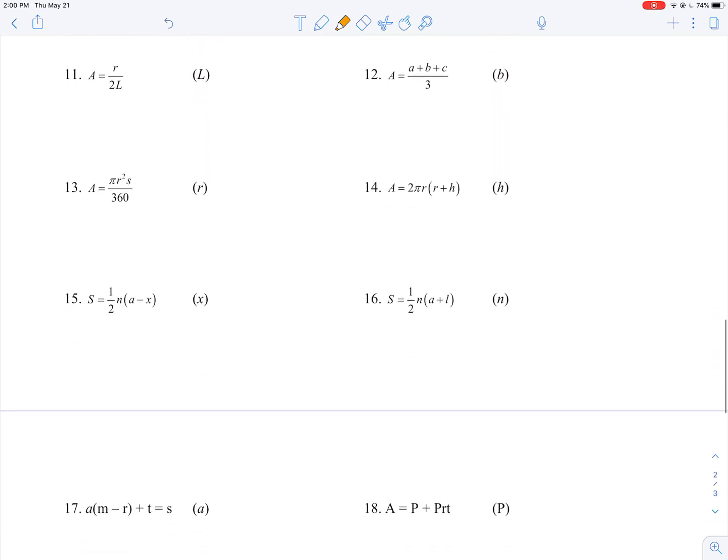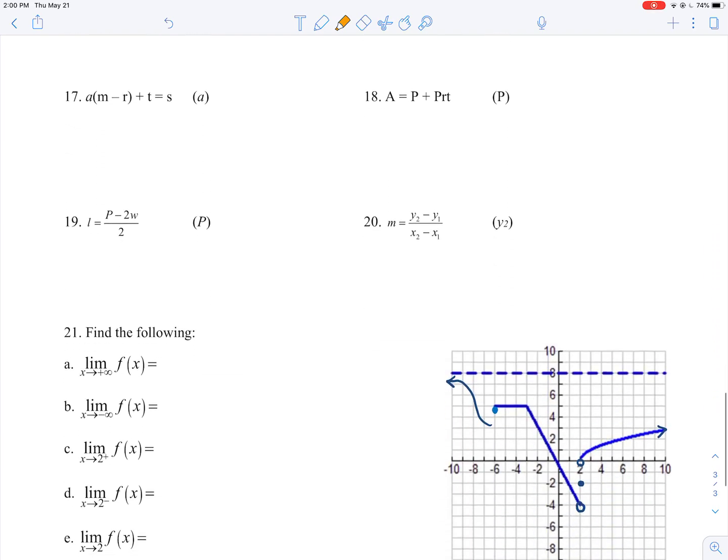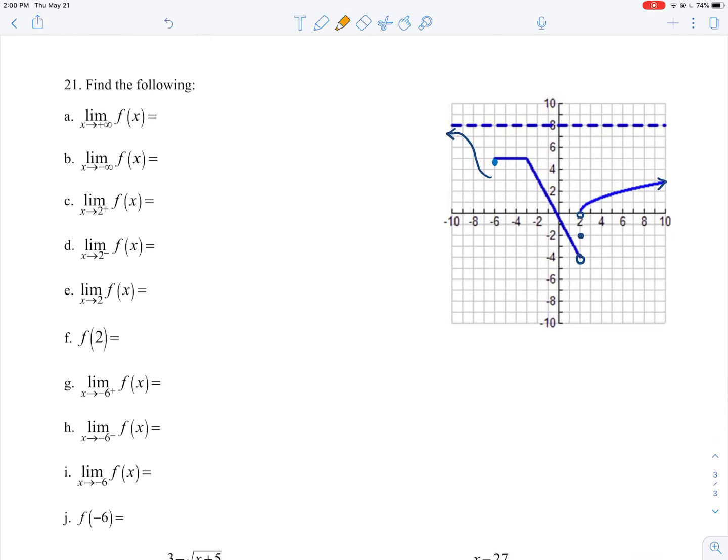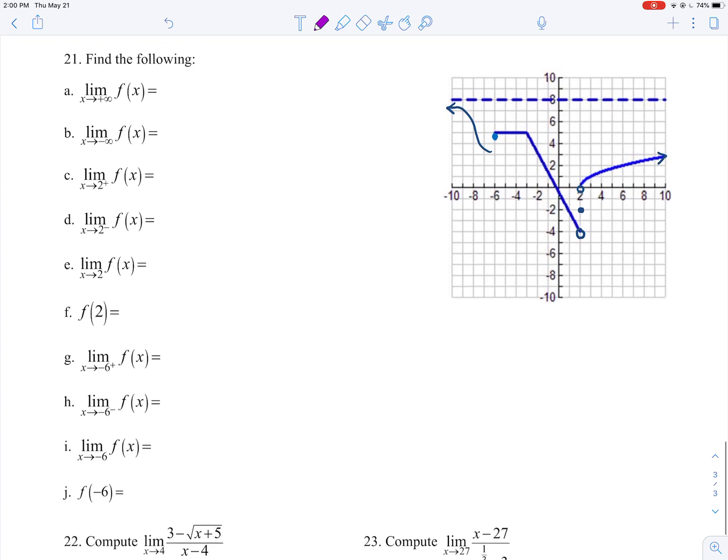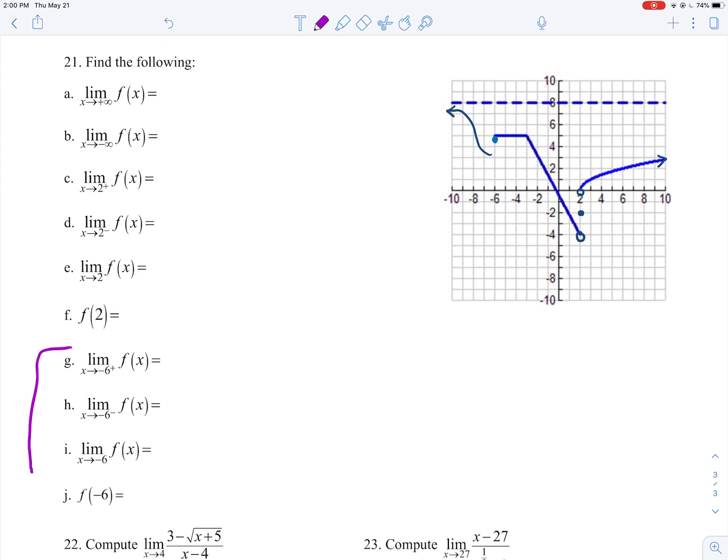I'm going to skip over, jump down, and problem number 21. This is a review of your limits. I'm going to just review G, H, I, and J. It's important to remember that the little plus sign after the -6 is telling us to come from the right-hand side.